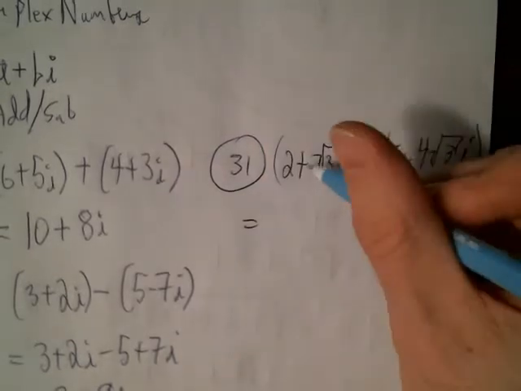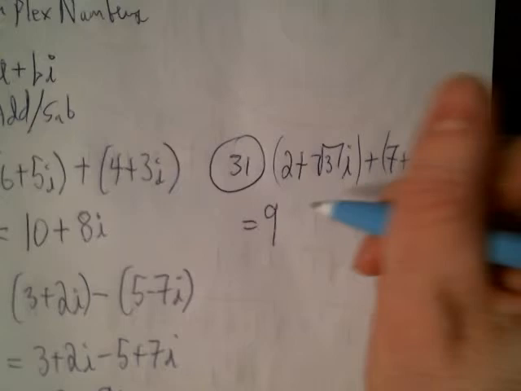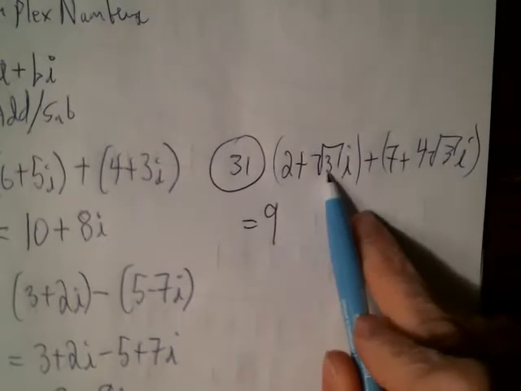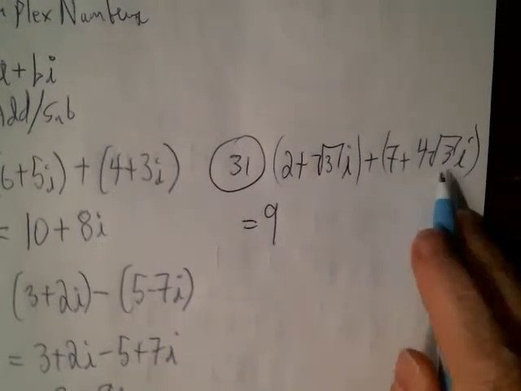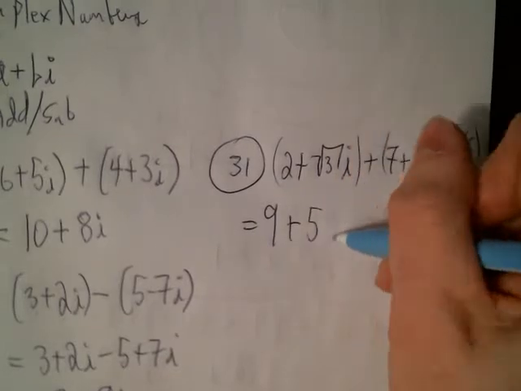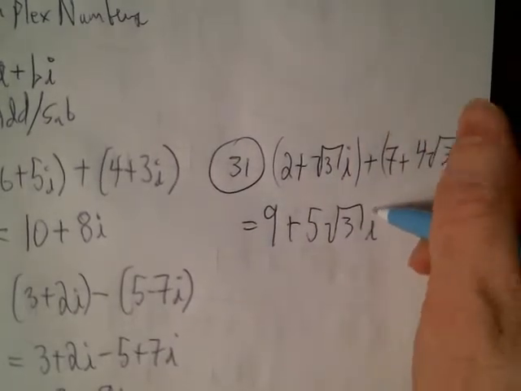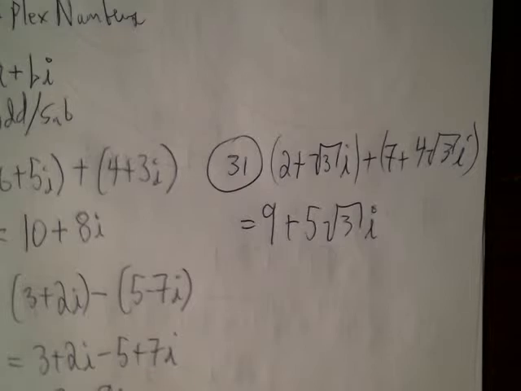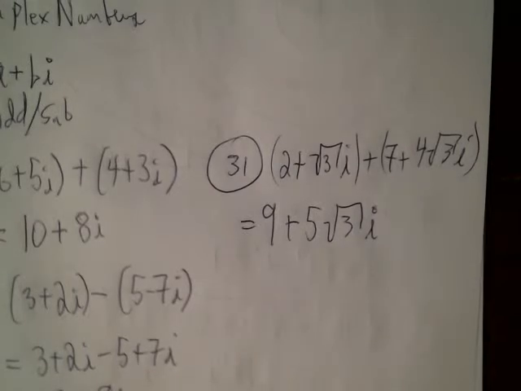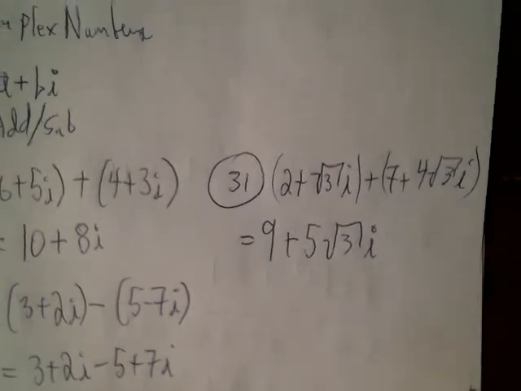But here we go. I have 2 plus 7 is 9. And then I have 1 radical 3i's plus 4 radical 3i's. That would give me 5 radical 3i's. Okay, let's move on to multiplication. And then, of course, we'll look at division.